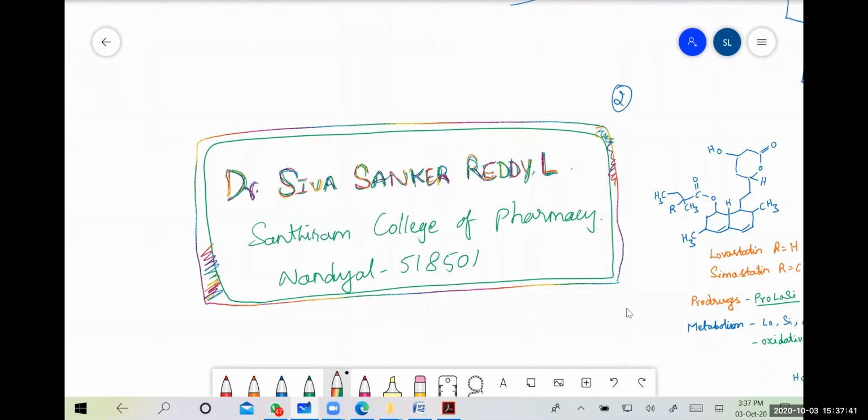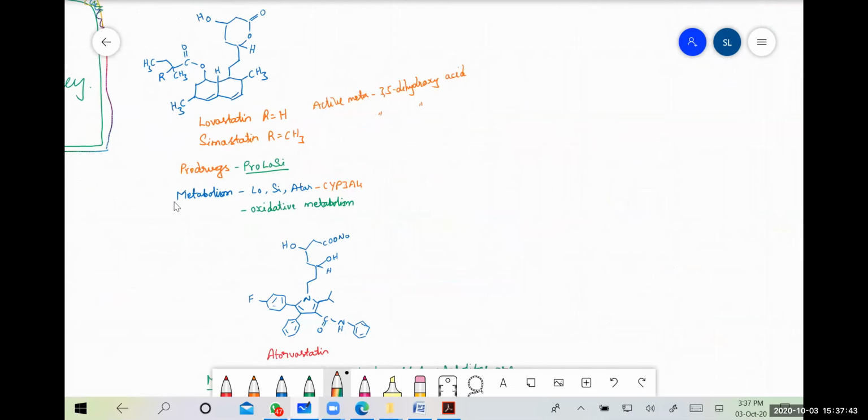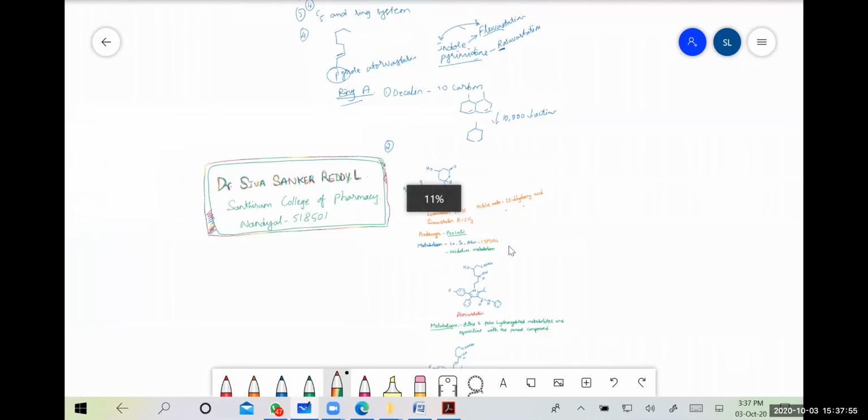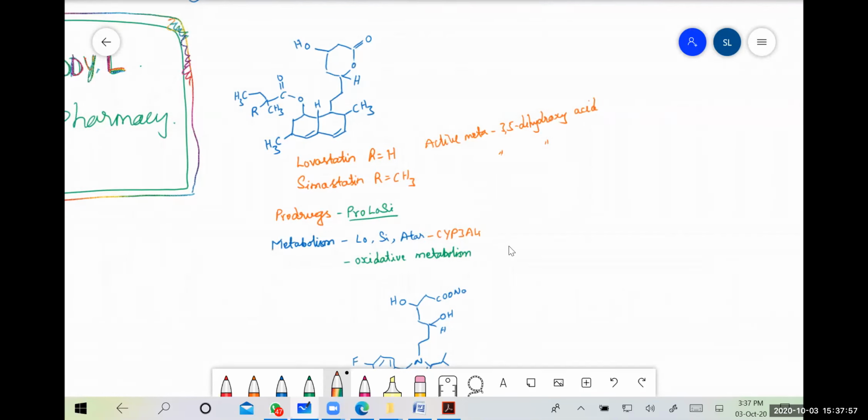In today's class, we will see about the HMG-CoA reductase inhibitors, the drugs that are used as HMG-CoA inhibitors. Examples are lovastatin, simvastatin, rosuvastatin, and many more.